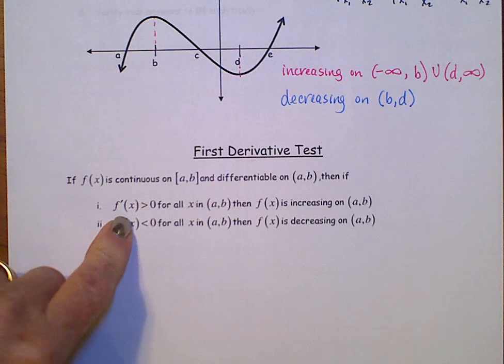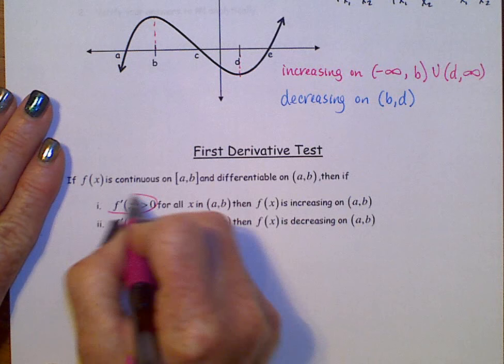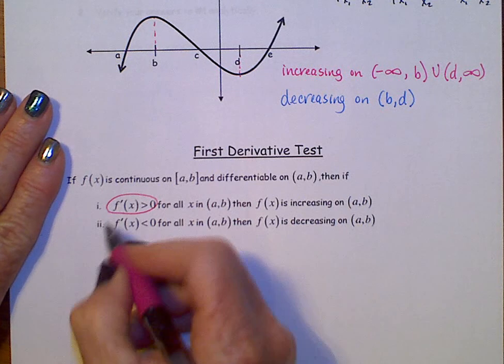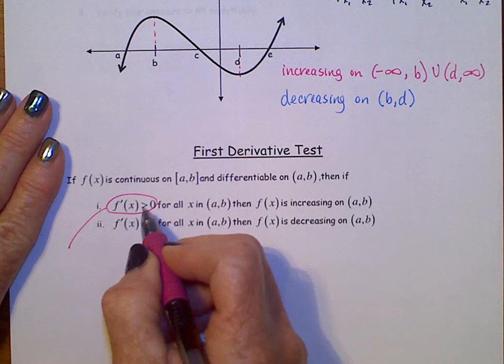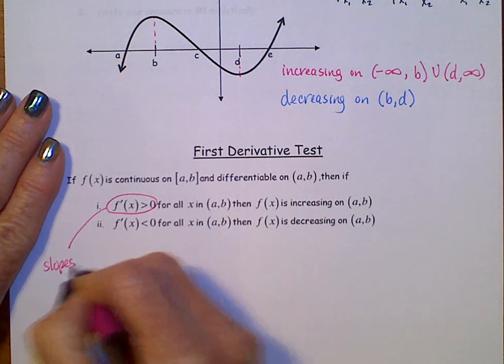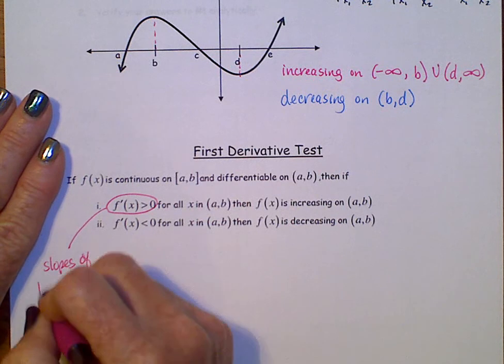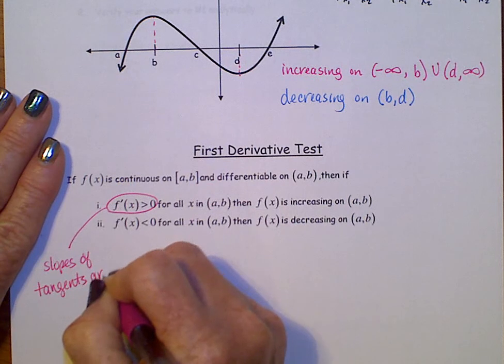Oh boy. All right, the first thing this says for us is right here, f prime of x greater than 0. Think about that. f prime gives slopes of tangents, so this is saying the slopes of the tangents are positive.